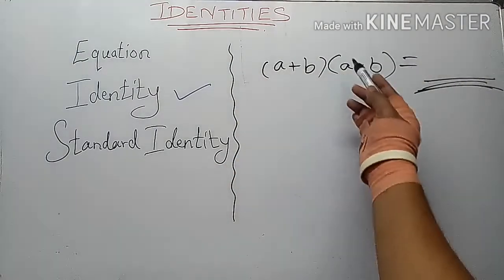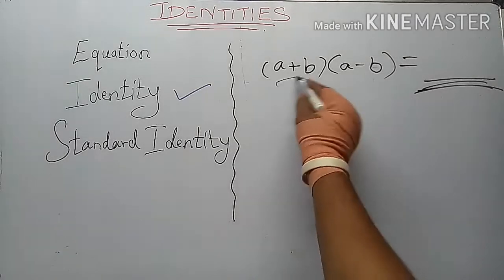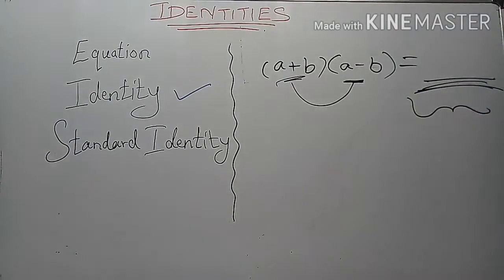This binomial multiplied by another binomial, the equation will be nothing other than a standard identity. That means a binomial, when it is multiplied by another binomial, gives you a standard identity.